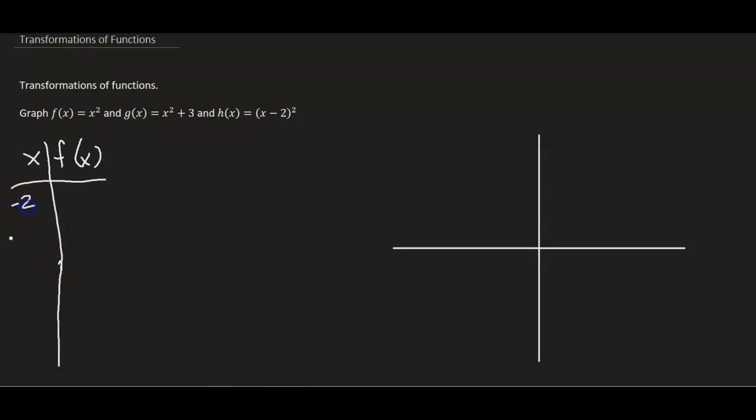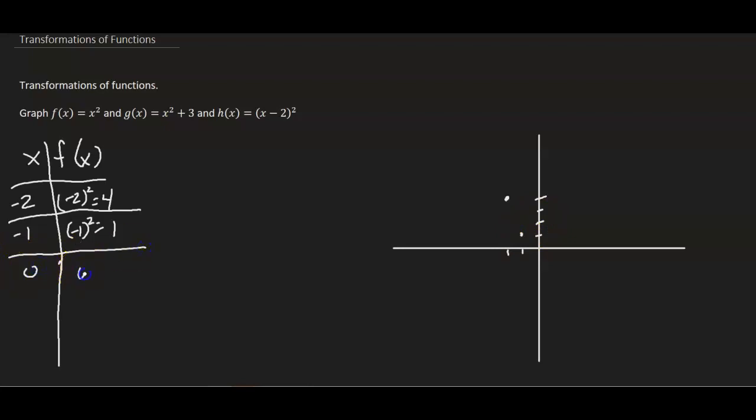So if I substitute in a -2, -2 squared is a 4. So my point would be a -2 and a +4. So about there. If I have an x value of a -1, a -1 squared is a 1. So that's going to be there.